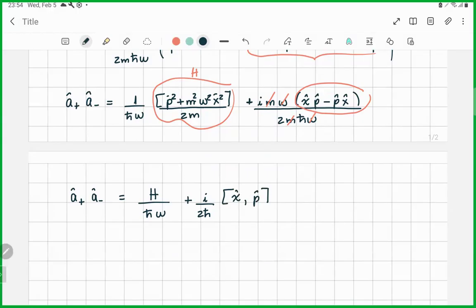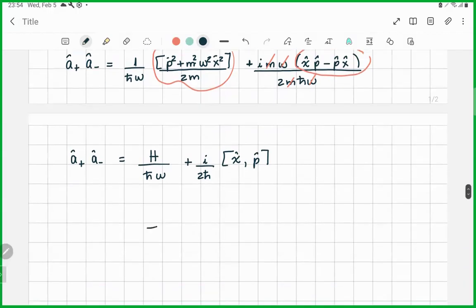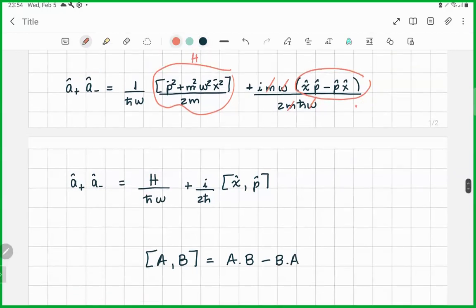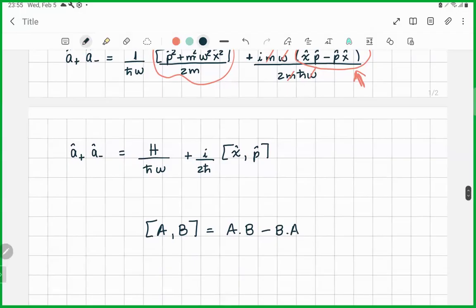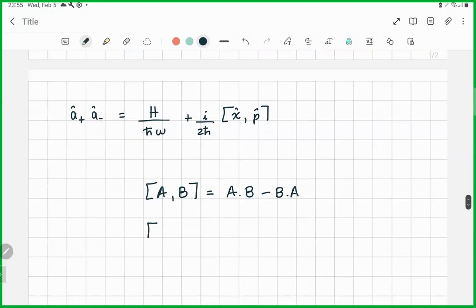This notation is what we call the commutator. Whenever you see this notation between any two entities, what does it mean? A multiplied by B minus B multiplied by A. Okay, exactly what we see here. So this is the commutator. We say that these two entities commute if the commutator of A and B equals 0.